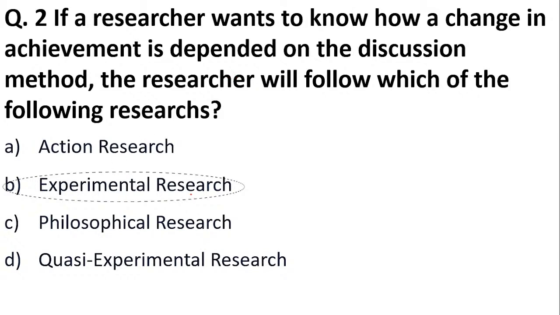So that is experimental research, because there is a cause and effect. Okay, there is a cause. If you change, how a change in achievement is dependent on discussion method. So there is a cause and effect. At that time you use experimental research. The right answer to this question is option B.